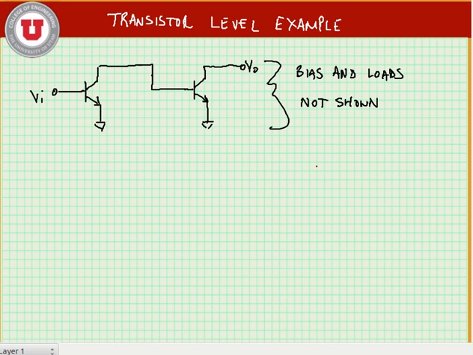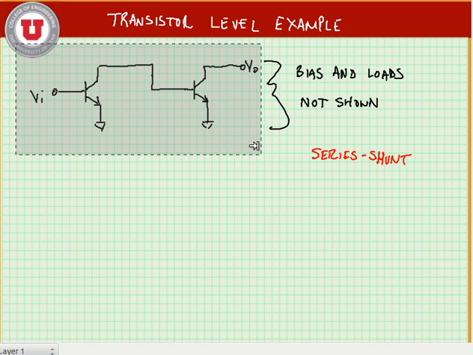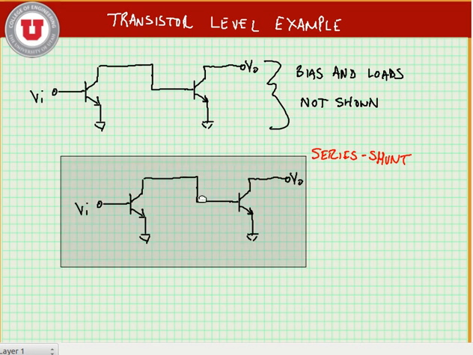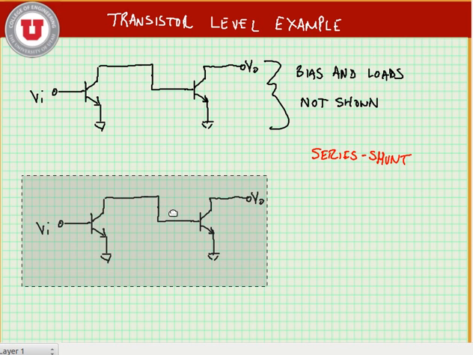So let's say that we want to create a series shunt feedback. In other words, we want to make a voltage amplifier. Alright, so let's copy our transistor circuit here, and we're going to add some feedback to it.